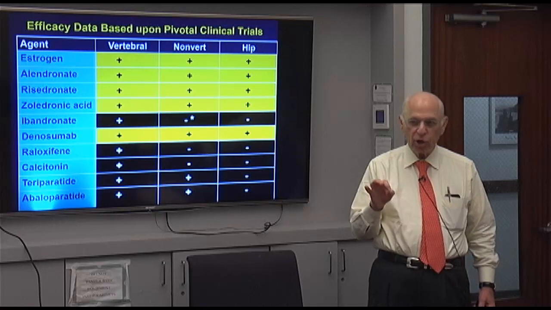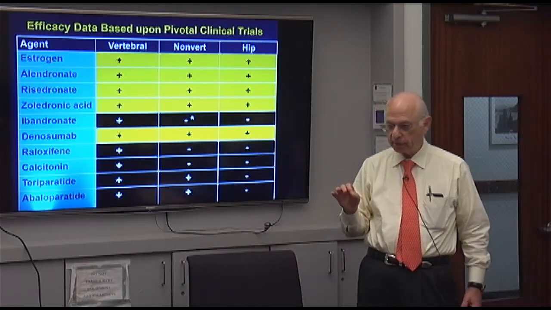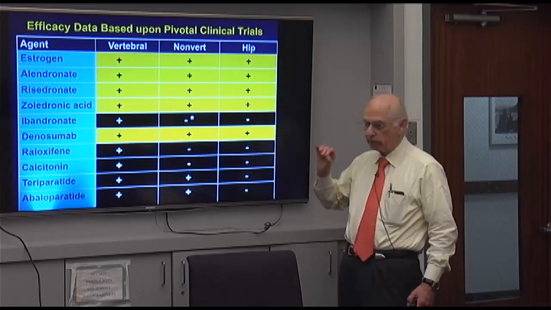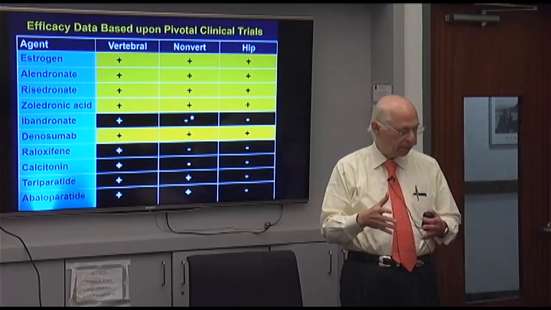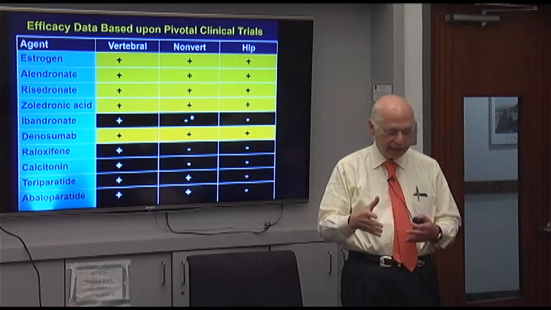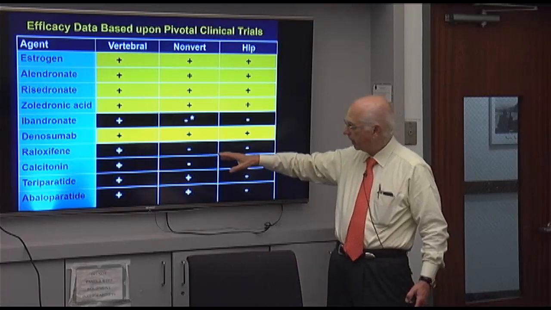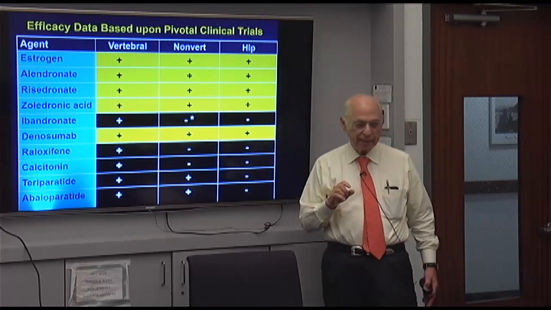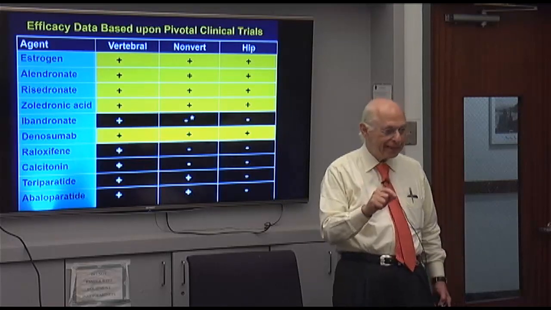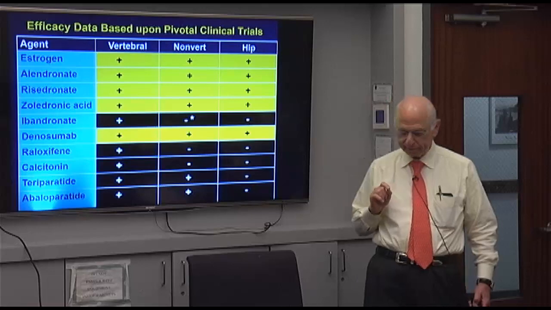It means that there's no evidence that the drug reduces them. It's very difficult to show hip fracture efficacy. The studies often are not powered to be able to say yay or nay. So we need to be careful about saying raloxifene doesn't reduce non-vert or hip. All we can say is that there's no evidence. Okay? That's the way you should think about it.